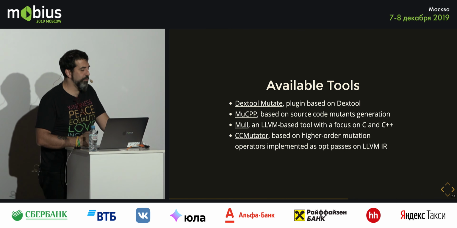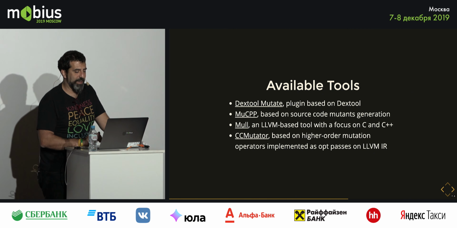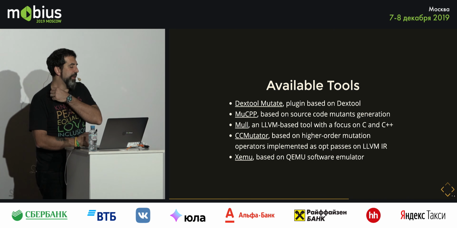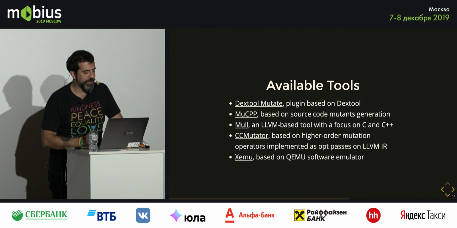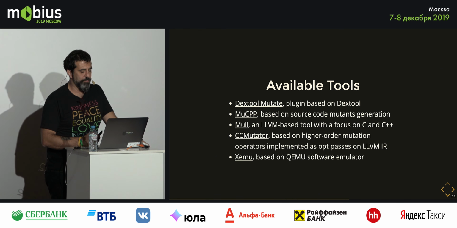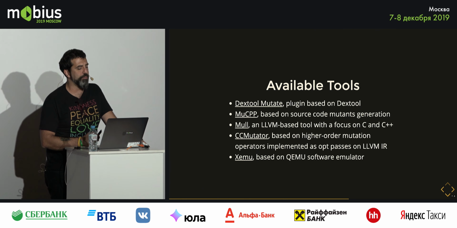There is CC Mutator. CC Mutator is based on high-order mutation. If I remember correctly, this has not been updated for several years. And XEMU is based on QEMU, basically using emulated environments to run mutation testing. That I think is an interesting approach. But again, for me, it was a little bit overkill.